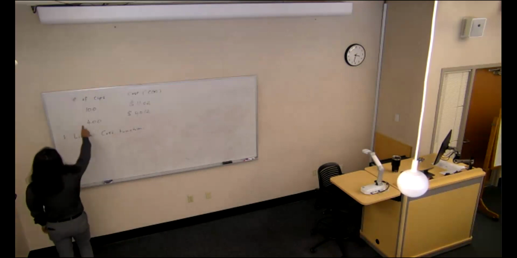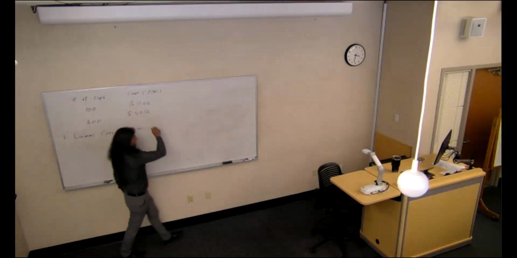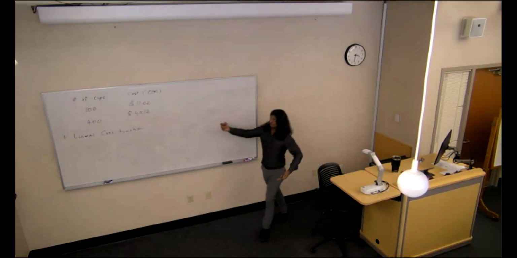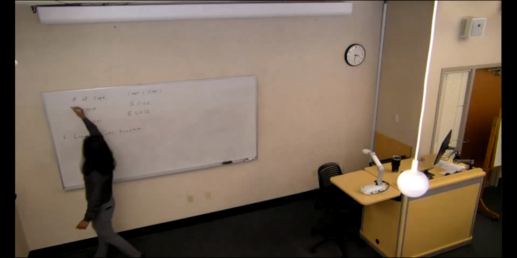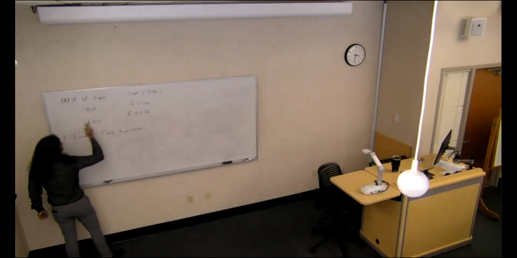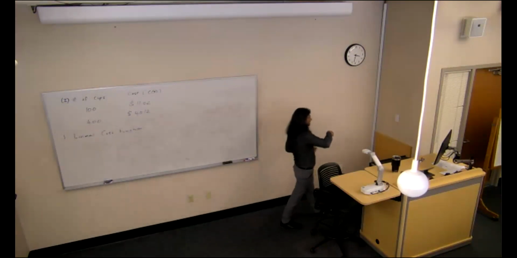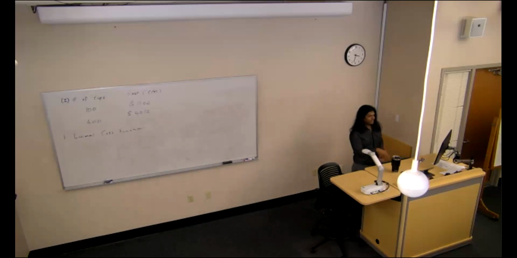So I'm going to call, or the book calls, the number of cups X, and the corresponding cost, C of X. And last class, I mentioned instead of this variable, we will be using C of X. What is that single letter?